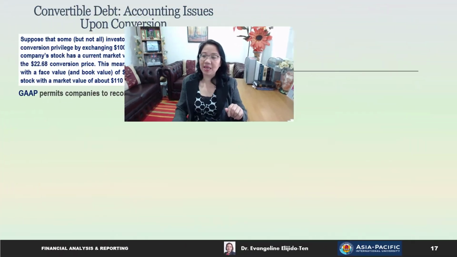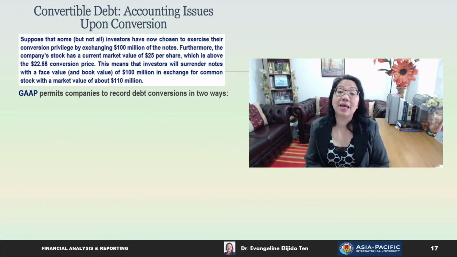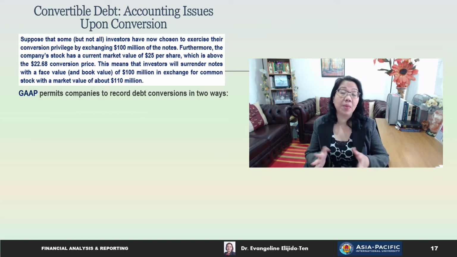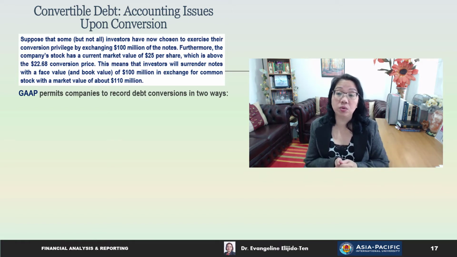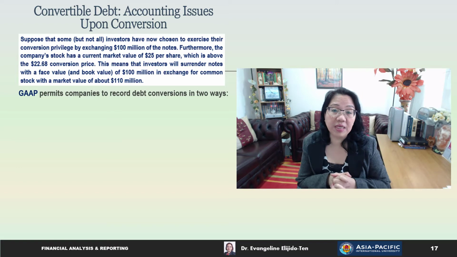All right. Let's now look at the accounting issues upon conversion of convertible debt. So let's suppose that some, but not all investors have chosen to exercise their conversion privilege by exchanging 100 million of their notes. Furthermore, the company's stock has a current market value of $25 per share, which is above the $22.68 conversion price.